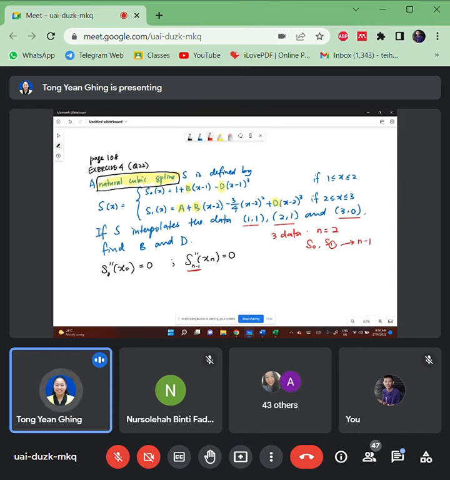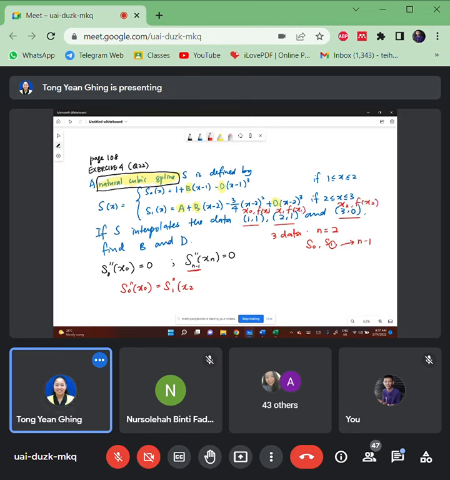Because this is a natural cubic spline, the second derivative of S0 at x0 has to be equal to the second derivative of S1 at x2. Here we are given x0, we assume this is x1, this is x2, and this is f x0, f x1, f x2.